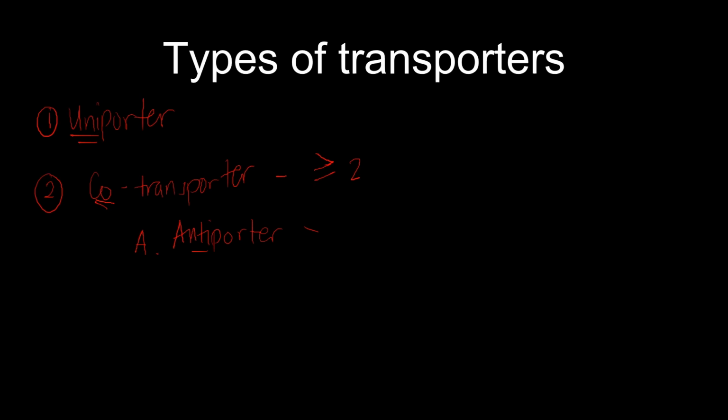From the name anti, the direction is opposite, meaning the solutes are transported in opposite directions. The other one is the symporter. From the name sym, meaning similar, the solutes move in the same direction.